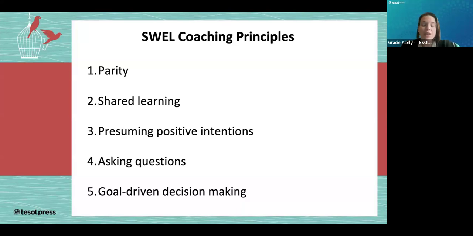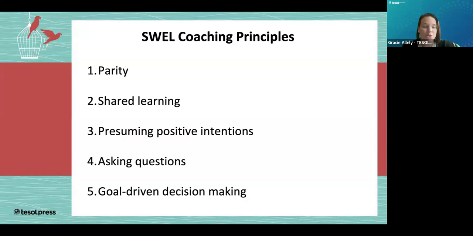The next is shared learning, really helping the colleagues see that the EL teachers have expertise to share, and that the colleagues have expertise to share. We all are working together to learn together. Third is, like I said, presuming positive intentions. This is very important, to go into this knowing or presuming that everyone has good intentions.